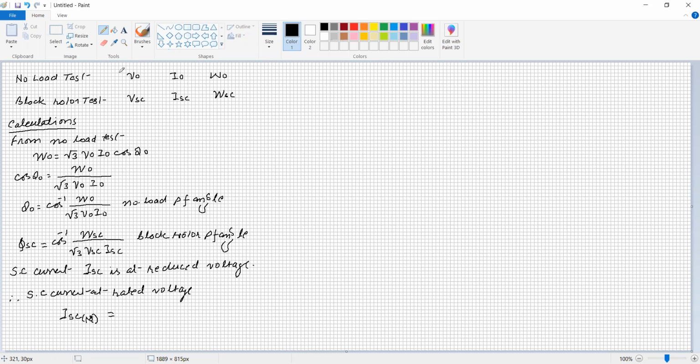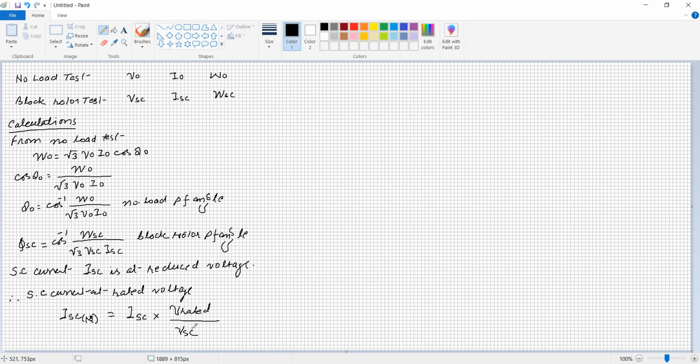This value is at the reduced voltage. So if the short circuit test is conducted at rated voltage, what would be the current? Definitely it is very high. At 65 volt, it will circulate 7.5 ampere. Now suppose 400 volt is applied, definitely it is a multiple of these values. Therefore we can say that it is equal to ISC, the short circuit current, multiplied by V rated divided by VSC.